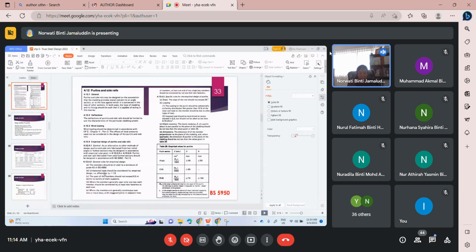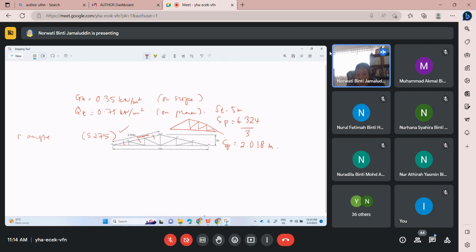Okay, we will use unfactored load, and then the span of the member should not exceed 6.5 center to center from the main support. How can we ensure this? We know that purlin will run from one truss to another truss, and the length is 5 meter.